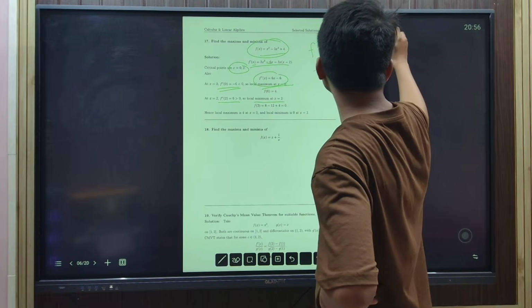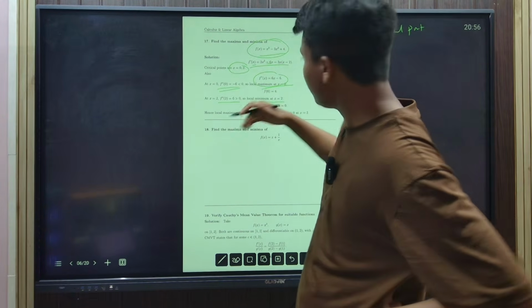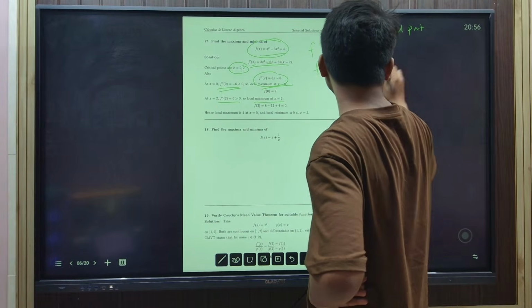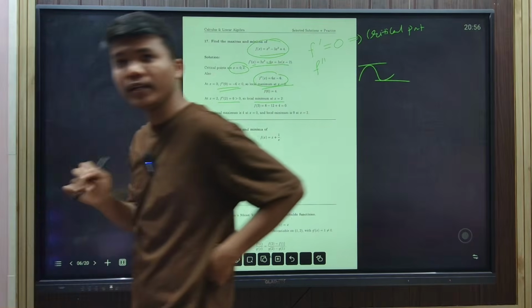Put f dash equal to 0, and the points we get are called critical points. At a critical point the derivative is parallel to the x axis, that means either this point is a point of minima or a point of maxima.